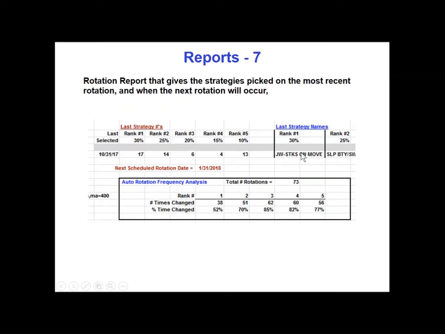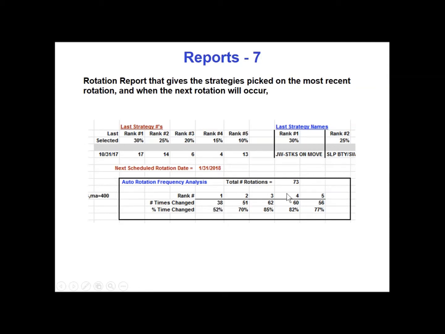There's a box that says last strategy picked. In this case, it was 10/31/17. It shows what it picked and when the next scheduled rotation date is. And then it looks at how often these positions changed.